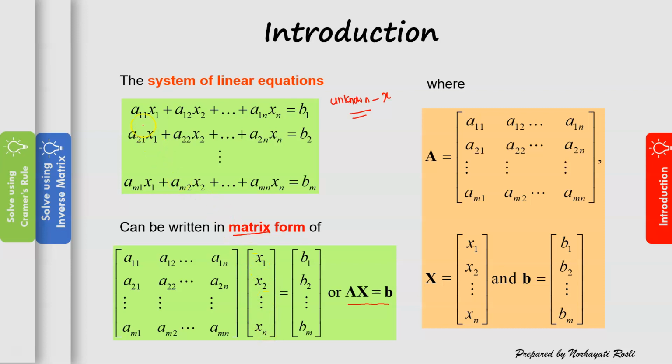You can see this coefficient is multiplied by each x here. So when we transform into this matrix form, we have here a vector x, where this A matrix is multiplied by this vector x, and it will be equal to some value of B vector, which is here we have b1, b2, bm, which in this equation is all this b. So we will have here a system of Ax equal to B.